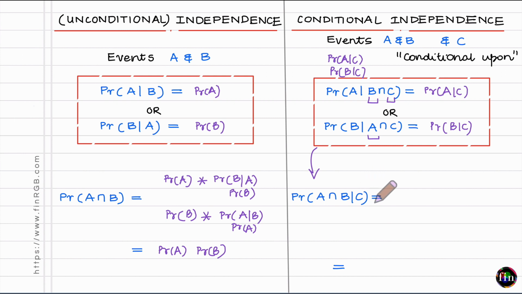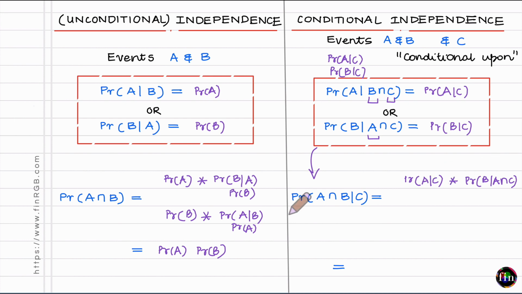If I were to not assume anything, then what would this be? In general, this can be written as probability of A given C. See, C has already happened, so we can't deny that. Let's begin by A happening. So A given C, times now B happening given both A and C have happened.